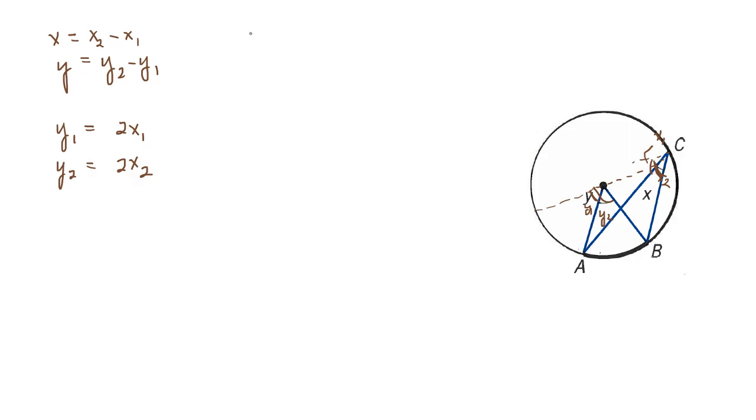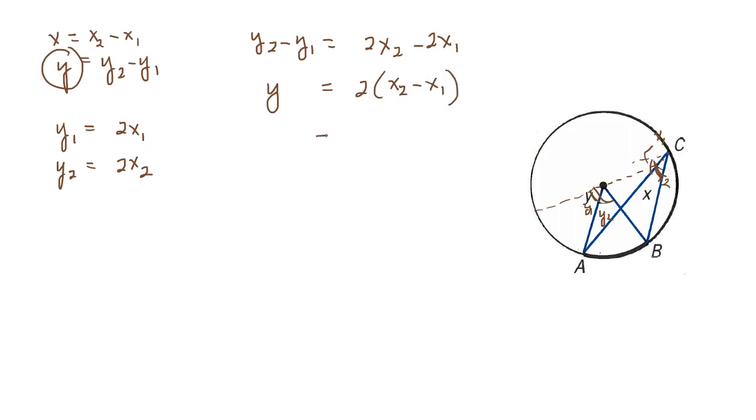And we have y sub 2 minus y sub 1 is equal to 2x sub 2 minus 2x sub 1. And y sub 2 minus y sub 1, we have declared that it is equal to y, is equal to 2 times x sub 2 minus x sub 1. And we have 2x. Then we have proven it also.